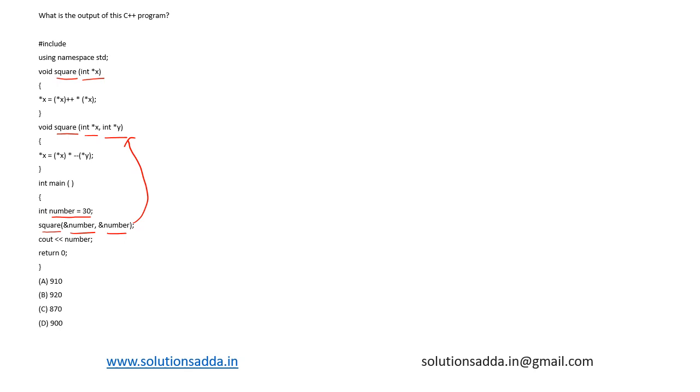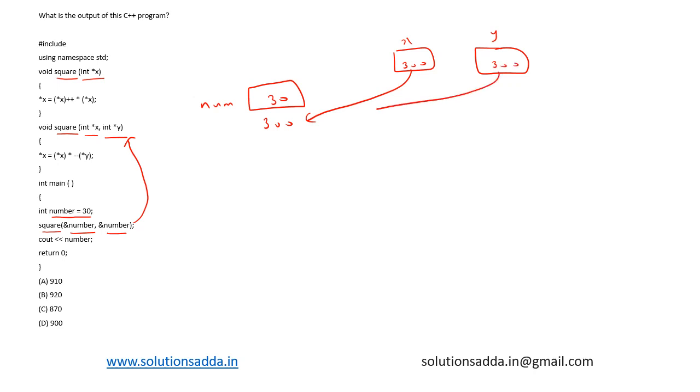So first of all, let's write what number means. Number is this variable. It stores 30. Now 300 is the memory address of this number. We are passing it to two pointer variables x and y. Both x and y contain this memory address 300. So both point to this.